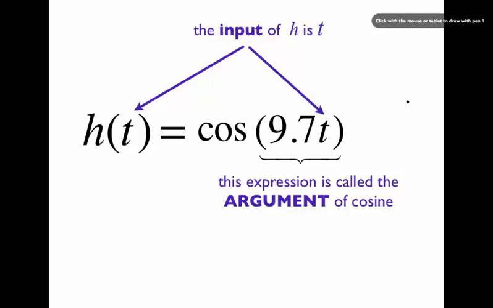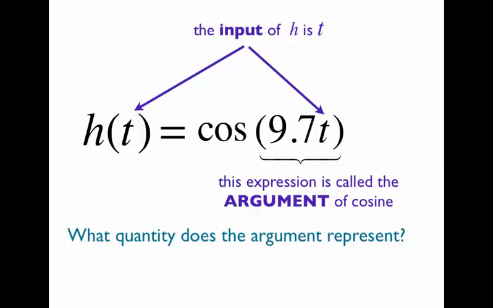It's just the name for this entire expression that's going into cosine. All right, and so if we're paying attention, what quantity will the argument of cosine represent? Okay, he wants angle measure. Agree with that?